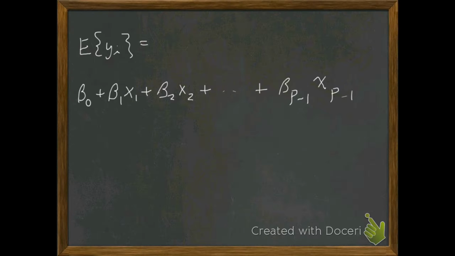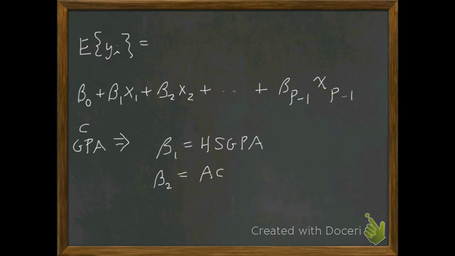You might think, in the educational setting, if we wanted to predict a person's college GPA, we may want to let x1 be the high school GPA. We may want x2 to be their ACT or SAT.